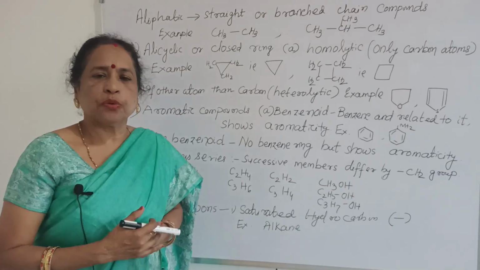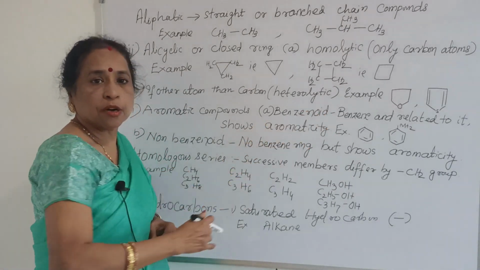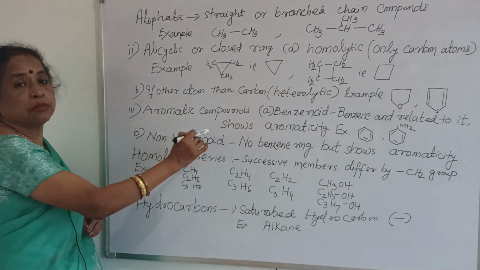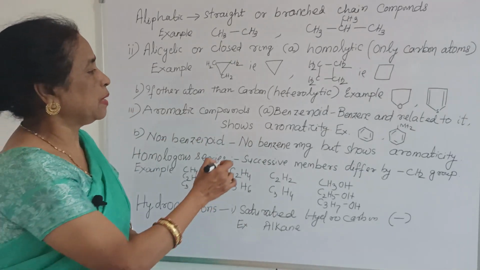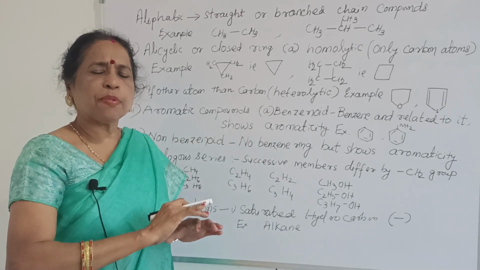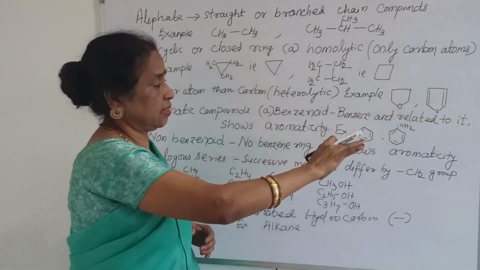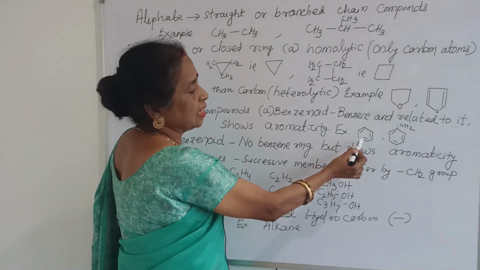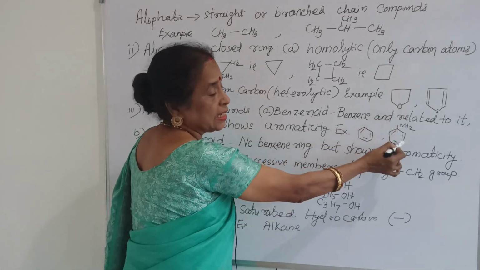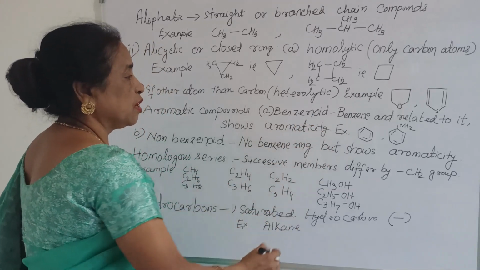Then come to aromatic compounds. Aromatic compounds are of two types. One is benzenoid compound and the second one is non-benzenoid compound. Come to benzenoid. Benzenoid compounds are totally related to benzene. For example you can see, this is benzene, this is aniline. So these are called benzenoid compounds.